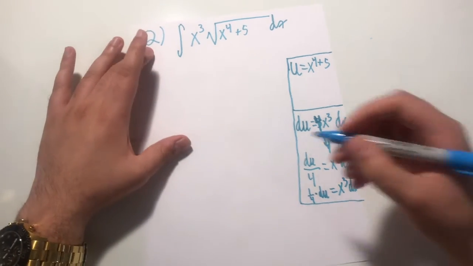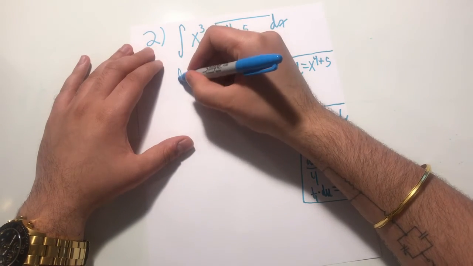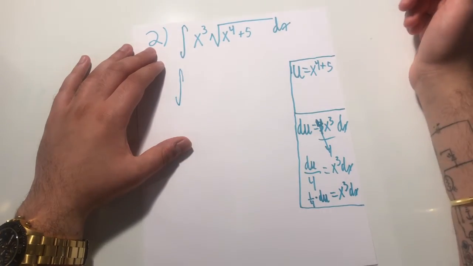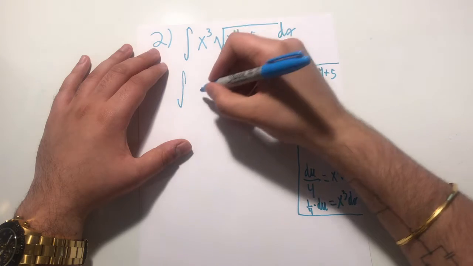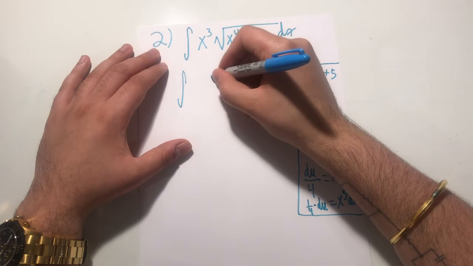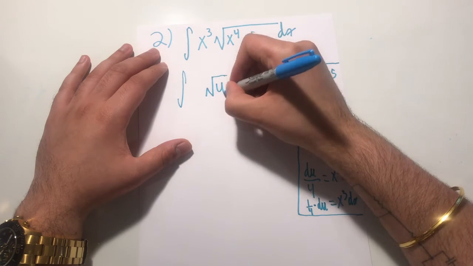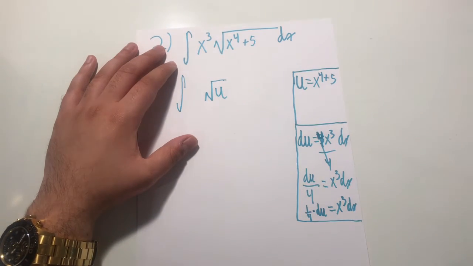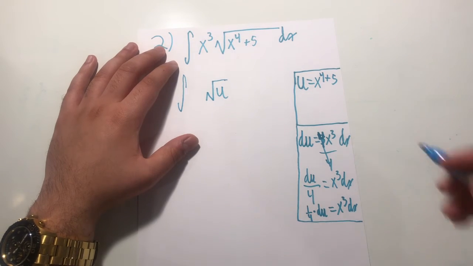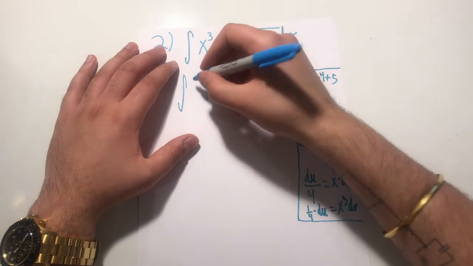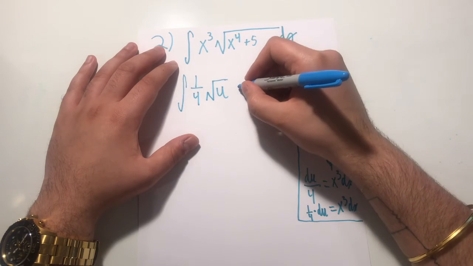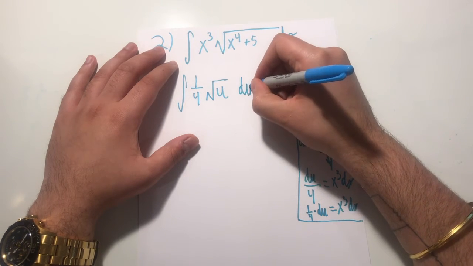So let's do our replacements. x to the fourth plus 5, I'm going to replace with u, and that is now square root of u. And now I have an x to the third dx left. I replace that with 1/4 du. Now, since 1/4 is a constant, I'm going to make it a coefficient up front, and I'll put the du in the back.